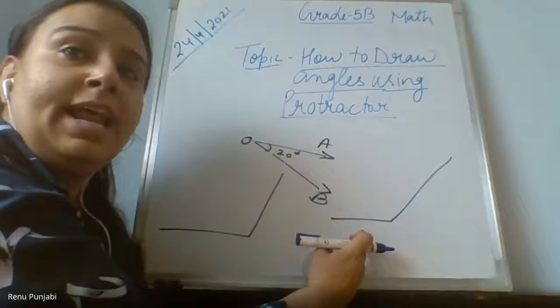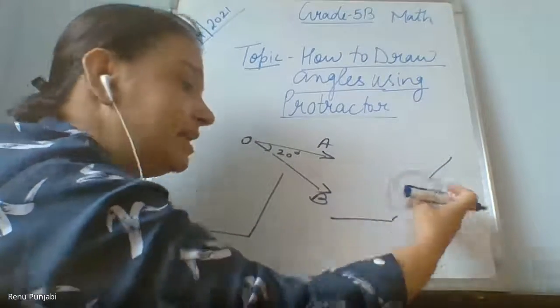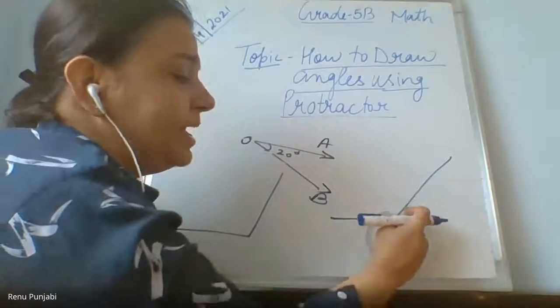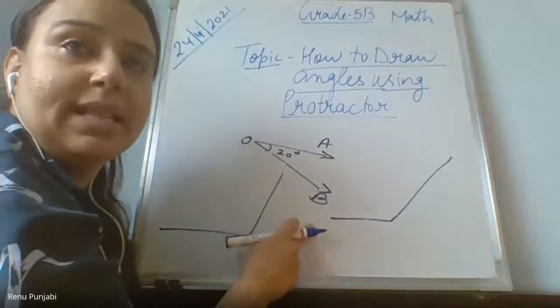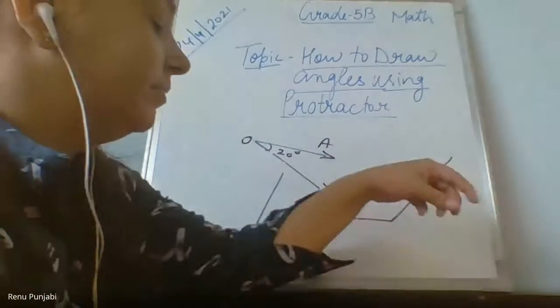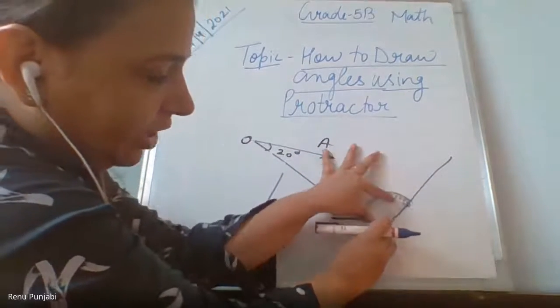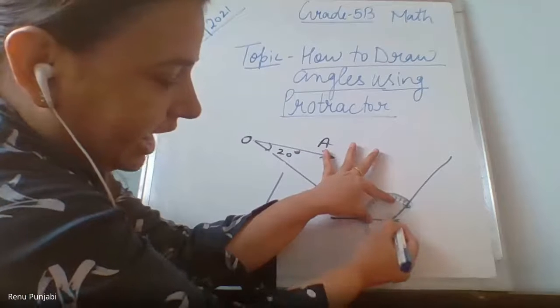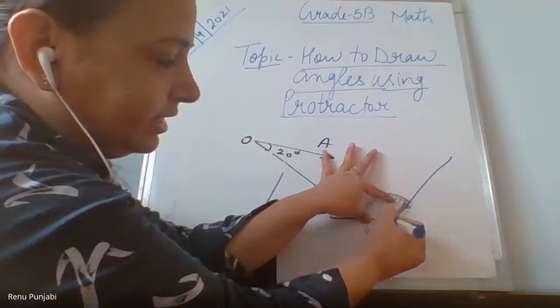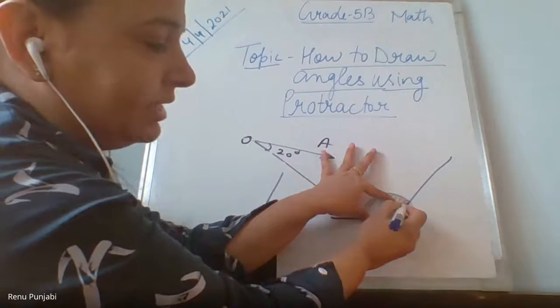This is another angle. There are two rays. Out of these two rays, you can take either this or this as the baseline. Suppose we take this as a baseline. Now I want to keep the center on my vertex here, and hide my line under this line, and now see where the zero is. Zero is at the inner scale.